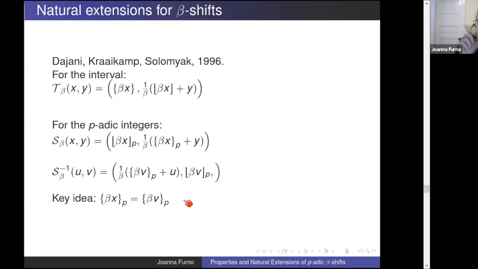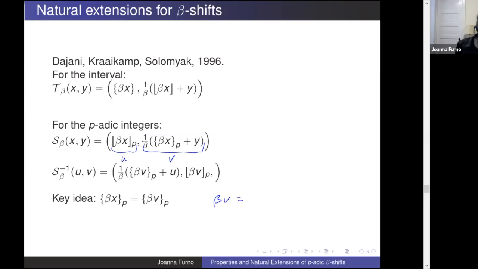And to show that these are actually inverses of each other, kind of the key idea, let me think of this as u and this as v, right, that we're trying to go backwards with. These two things have the same fractional part. So what is beta times v?